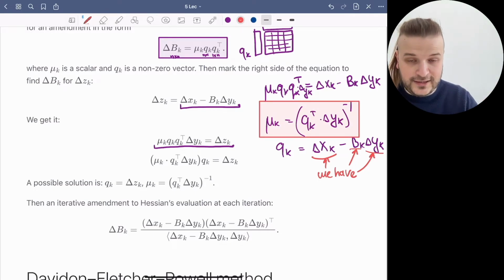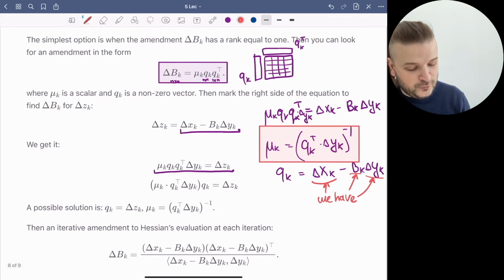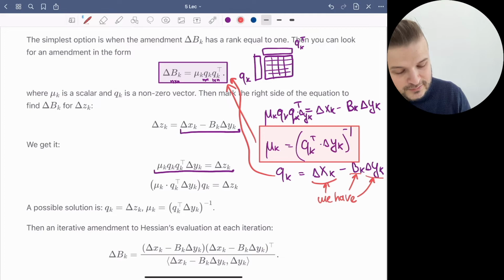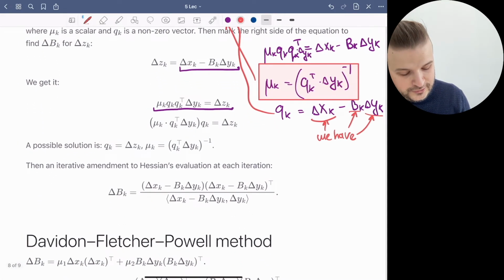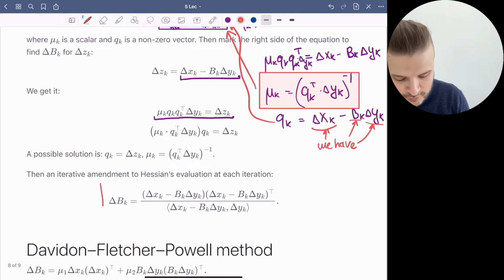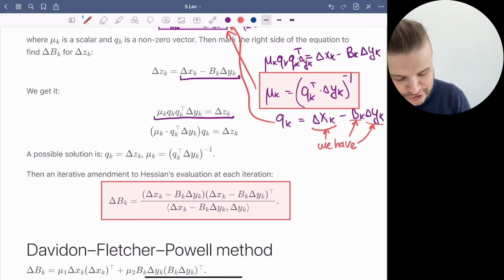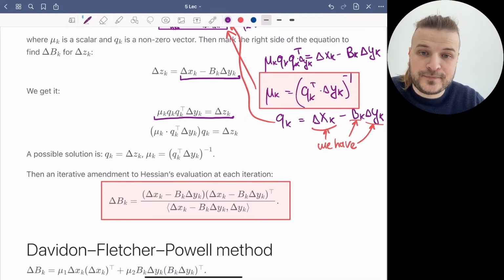I have a formula here, and if you place it here and make a simple calculation, you'll receive a general formula for the inverse Hessian update, which is delta bk, which can be calculated using only first order information.